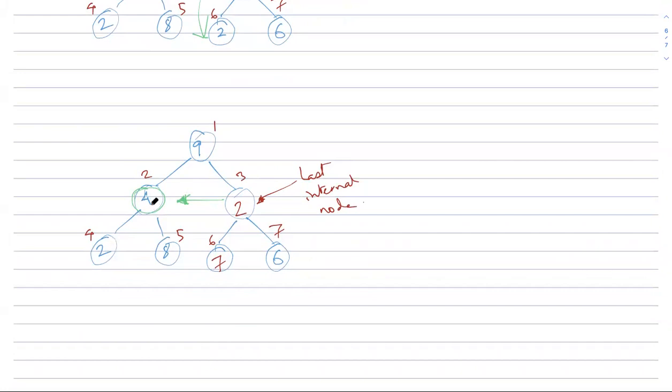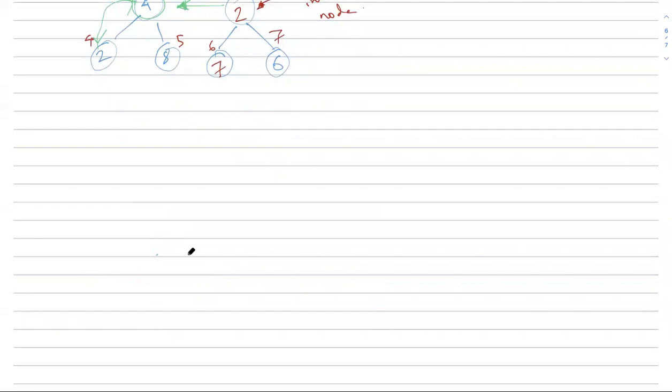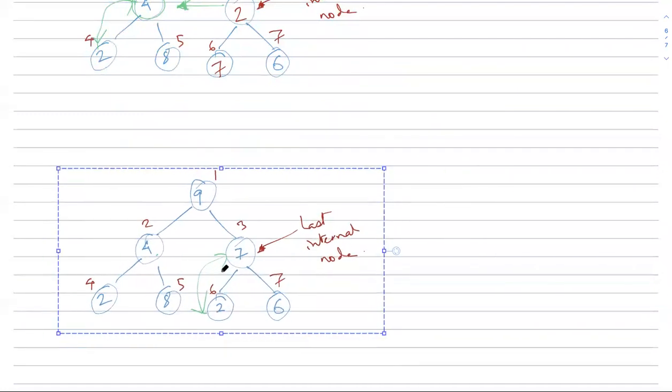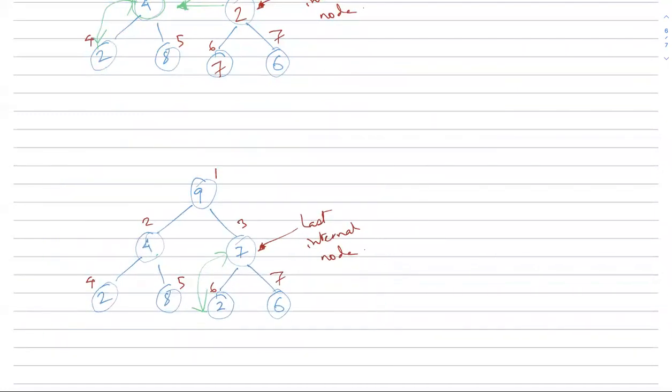So again, we see that 2 is less than 4. So you take the minimum of the two children, which is 2. And then this is the swapping candidate. So let's just swap.